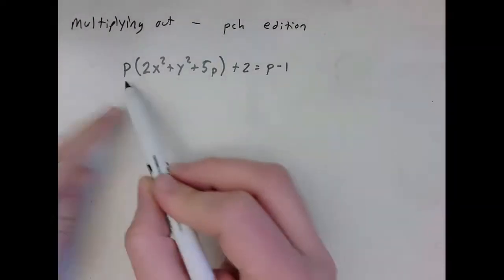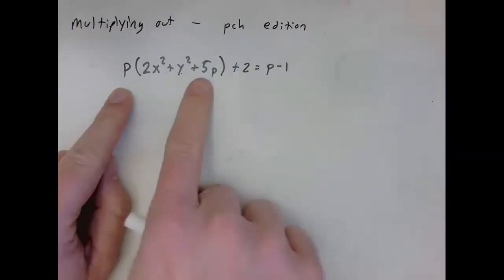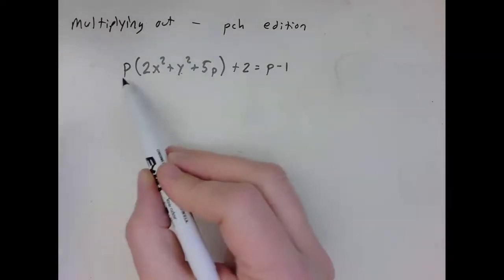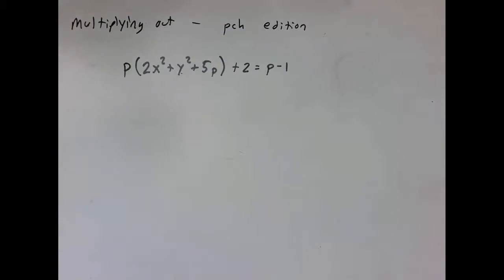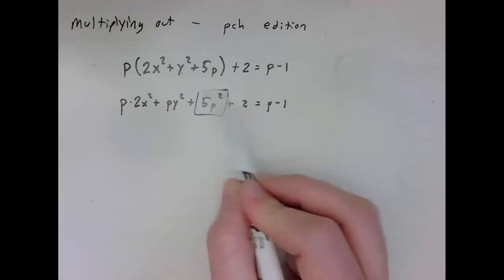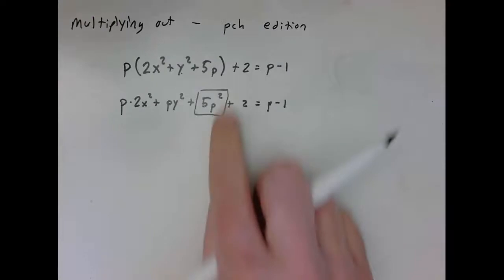You could think, okay, I'm multiplying p by each one of these, but all I really want to do is pull out the p term so I can move it somewhere else. So rather than multiply the whole thing out, well, let me show you the slow way first. So let's multiply the whole thing out. So now I've multiplied the whole thing out. Now I can move this. Remember, I want to move all the p's to one side.